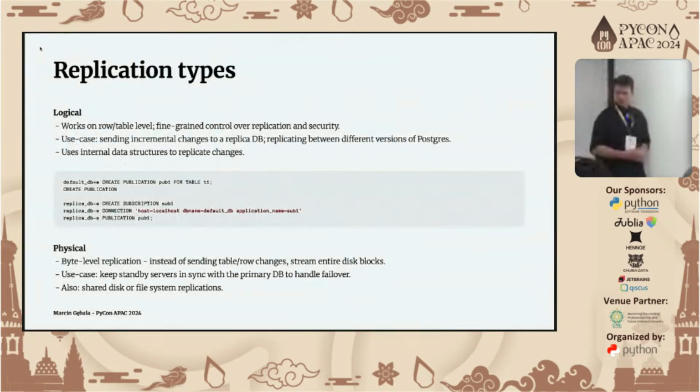Let's look at some of the basic replication types that are available in Postgres. Actually, these are also implemented in other database servers as well. So we have two types.